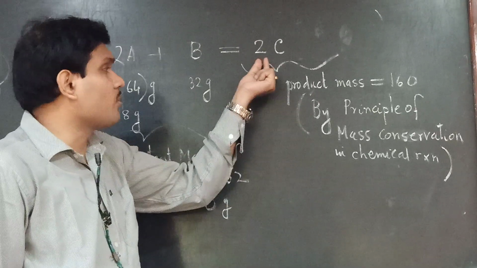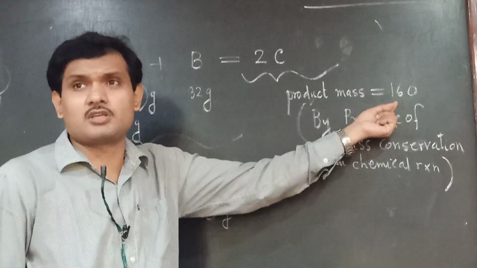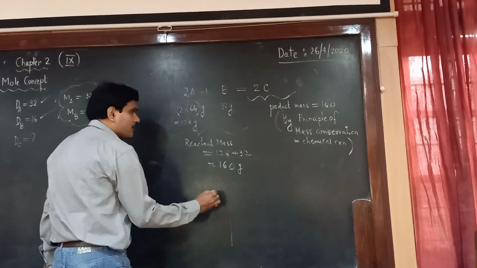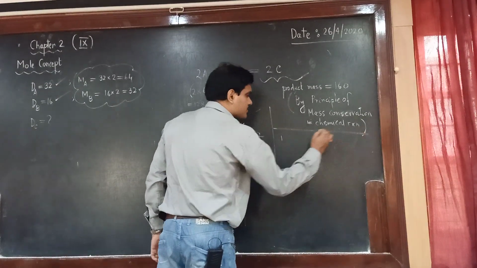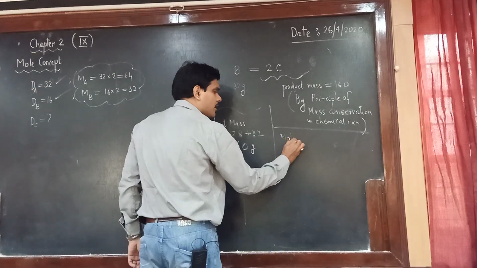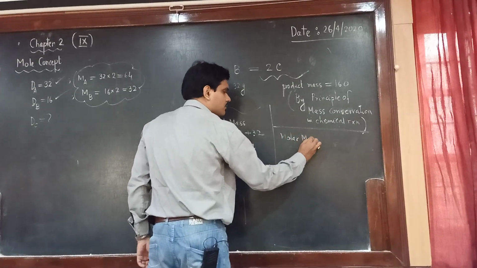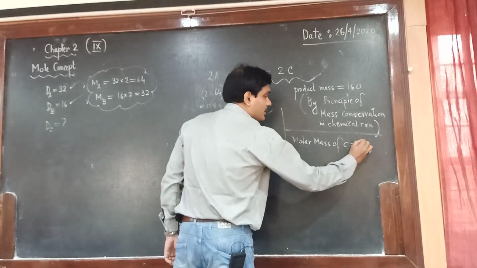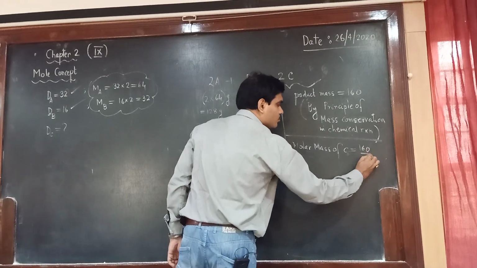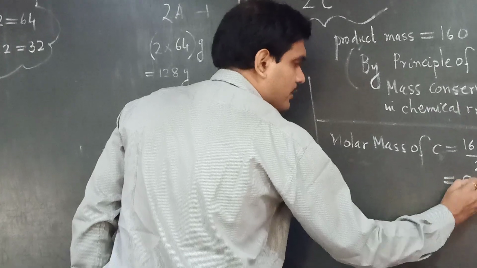Definitely the molar mass of C will be 160 by 2, that is equal to 80.